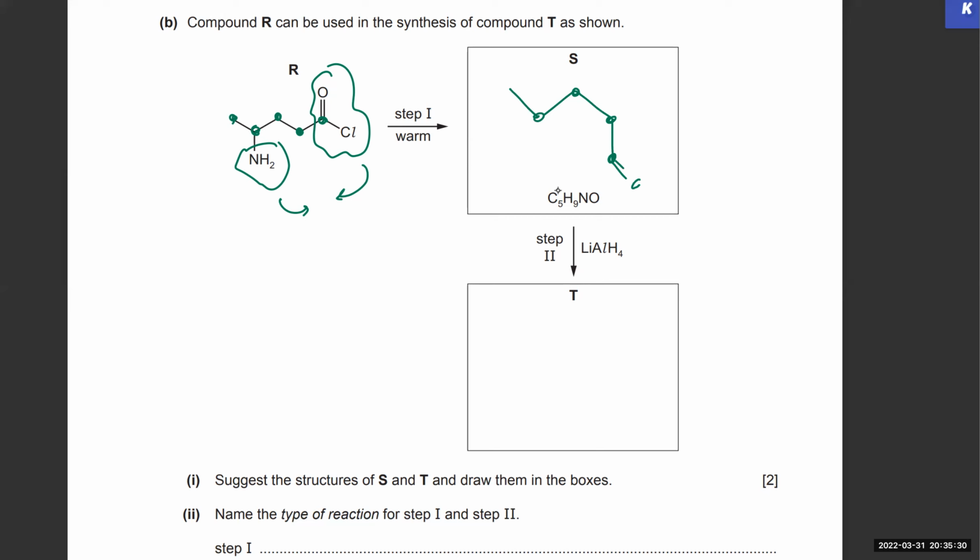There's going to be a double bond O. And over here, there's going to be NH2. And there's going to be a Cl. Now, what will happen is that the Cl and H will be knocked out. And the N lone pair and the carbon that's positive, they're going to join up and they would form this amide link over here. Is that clear?